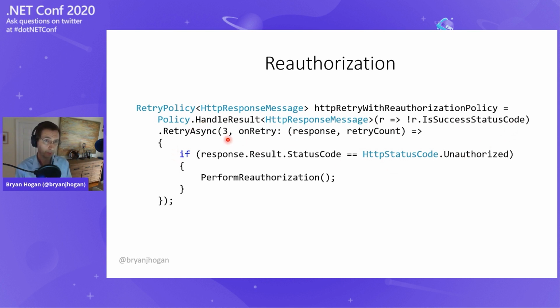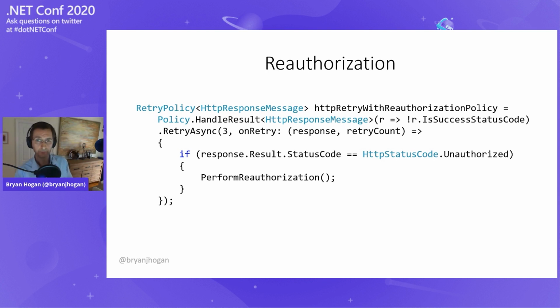And then specifically within the retry, prior to executing the retry, this block is hit. And if the status code is unauthorized, you perform some custom reauthorization logic. That might be going out and getting a new JWT or a new cookie or whatever it happens to be. One drawback on this one is if you try to do this with a HTTP client factory, it is more complicated. But I have some examples on my blog for that one.